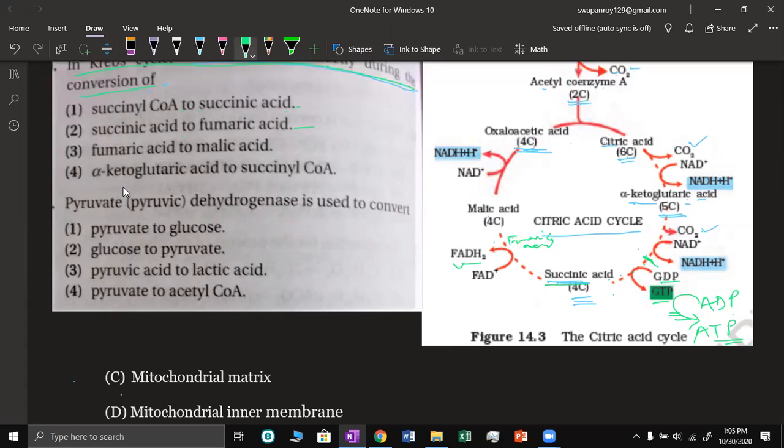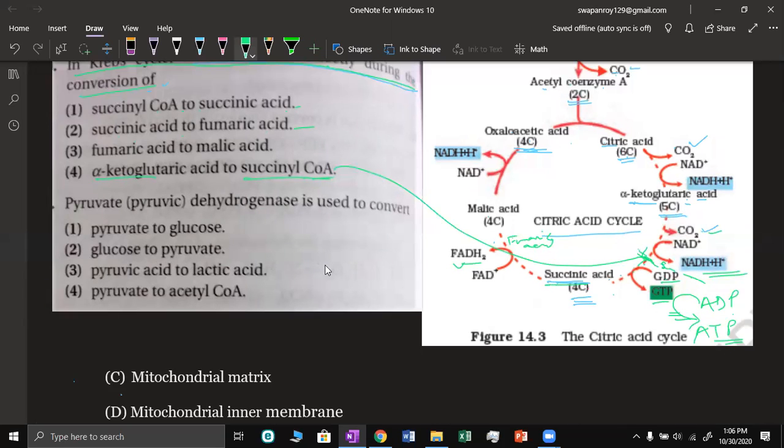So this is alpha ketoglutaric acid to succinyl coenzyme A. There is a step here, and during this, carbon dioxide and NADH2 are produced.